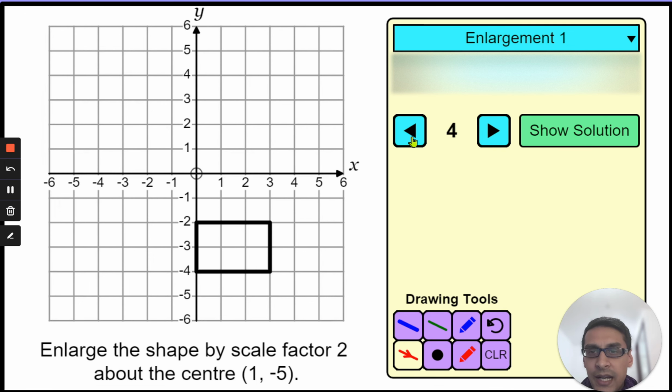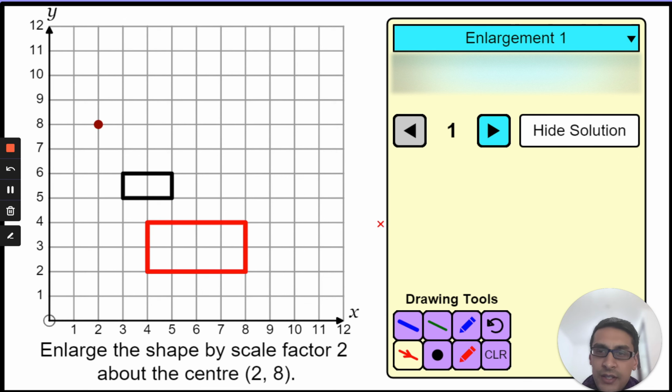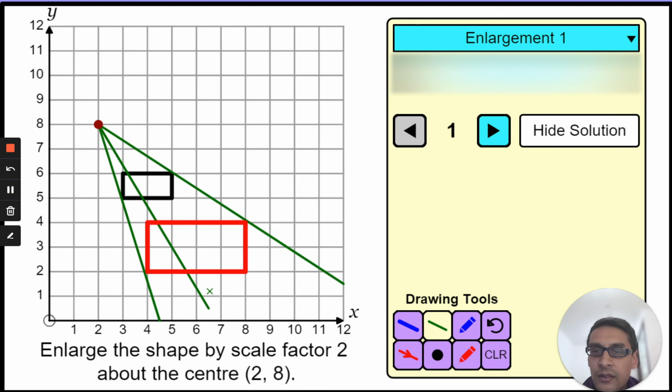Now, if I go back to some of these examples here, what you will notice is something quite interesting, and that is the fact that if you draw a line to a vertex on that shape and you extend it, you will end up crossing both of the shapes, and it will follow the scale factor that you have used.